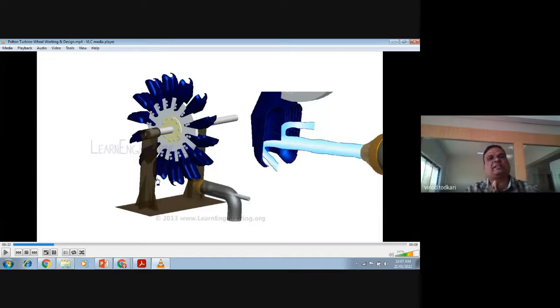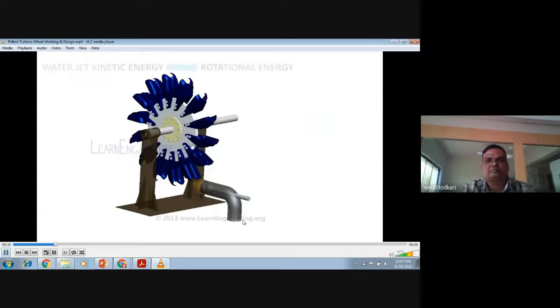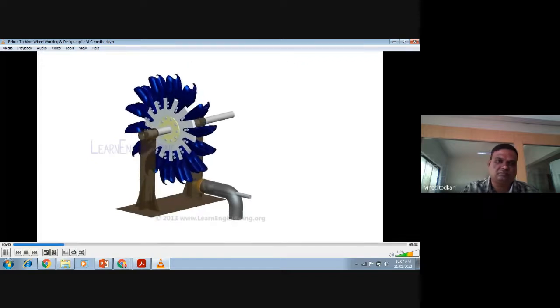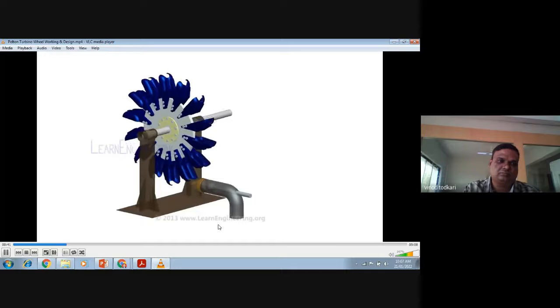Anyway, in your syllabus, only the concept of the turbine is there. That turbine converts energy possessed by water into mechanical energy. A turbine transforms kinetic energy of the water jet to rotational energy. The rotating shaft runs a generator and produces electricity.